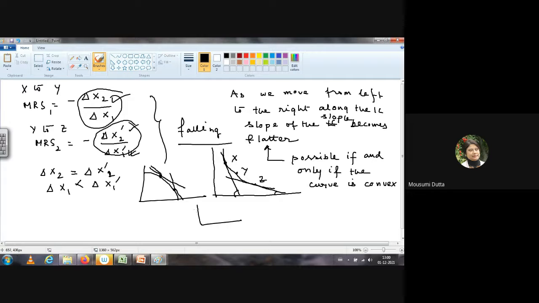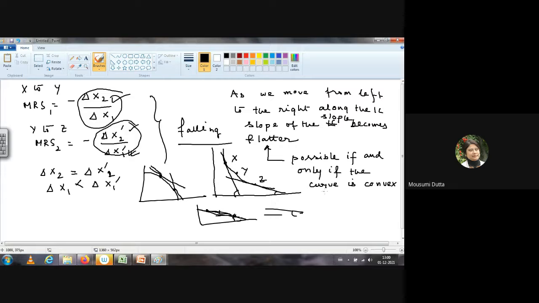And if I consider a straight line like this, then the slope remains constant as we move from this point to this point, any point. So along a concave curve, the slope increases as we move to the rightward direction, whereas for a straight line, the slope remains constant at a particular value as we move in any direction.